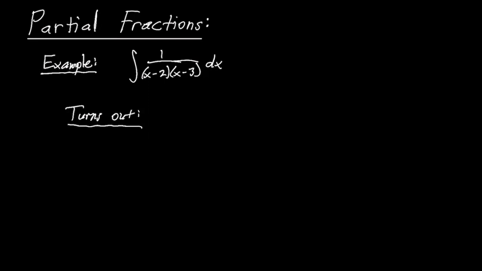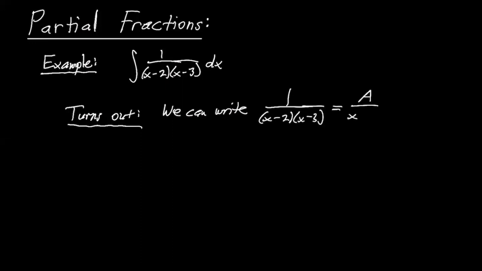It turns out we can write this expression inside the integral, 1 over x minus 2 times x minus 3, as a sum of two fractions, one which just has x minus 2 and one which just has x minus 3, for some well-chosen A and B.